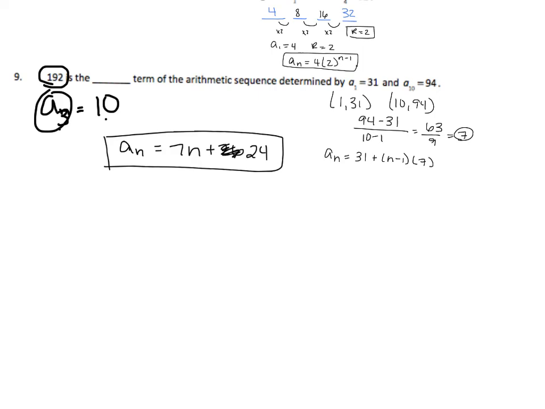So what I'm going to do is 192 is your a sub n. It is the term that you're trying to figure out. So 192 equals 7n plus 24, and all I'm going to do is solve for n, because n will tell me what term 192 is. So I'm going to subtract 24.